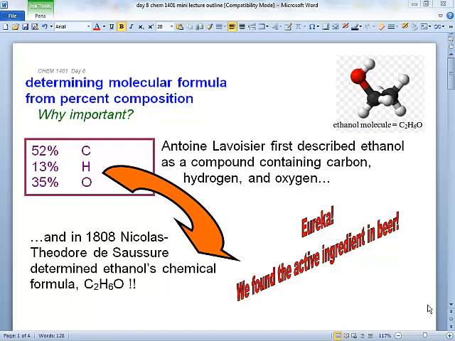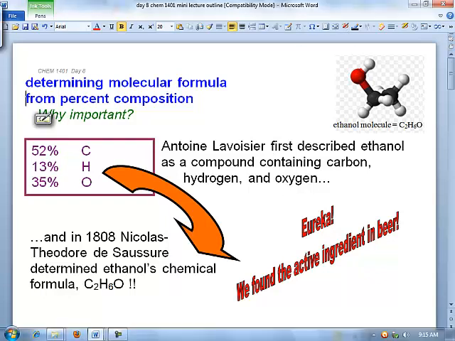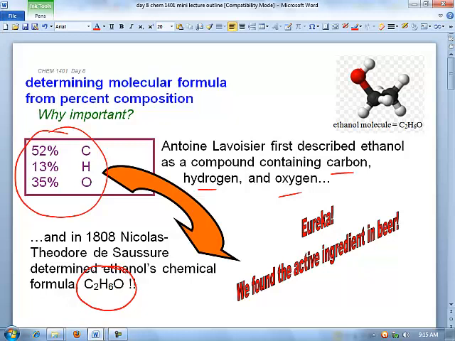They had some ideas that the active ingredient in liquor and wine, these fermented foods, had some carbon, some hydrogen, some oxygen, and then they did some experiments and they got the ratios, how much carbon, hydrogen, and oxygen were in there. Then another guy did some work and he figured out, hey, this is actually what's in beer, wine, the active ingredient, ethanol. Okay. Which one of those is the percent composition?